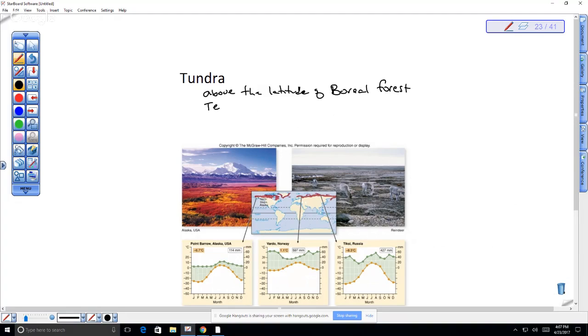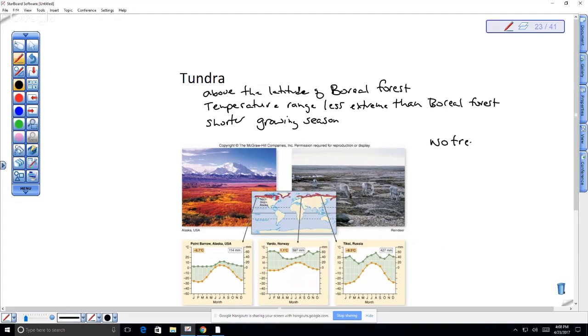The temperature range is less extreme than the boreal forest, but because they're up high, they have a shorter growing season. These areas do not support trees, so there are no trees here. We have mosses, lichens, and grasses in this area.